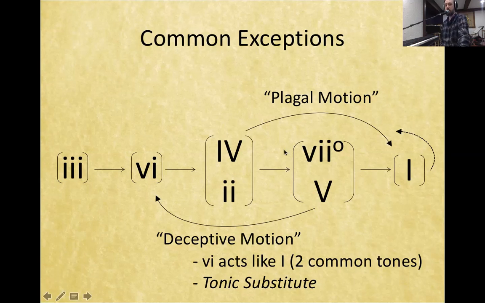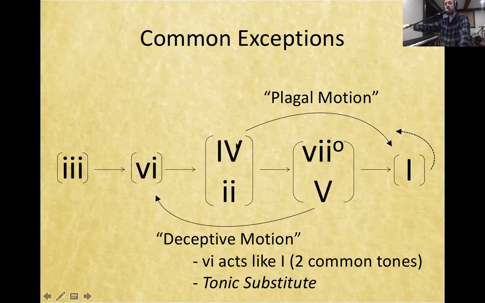Well, in a backwards kind of way, how far away from 1 is 4? If I go downwards, it's 4, right? 1, 2, 3, 4. But what if I go upwards? 1, 2, 3, 4, 5. So 4 is also kind of a fifth away from 1, but moving in the other direction. So it has that integrity of motion.